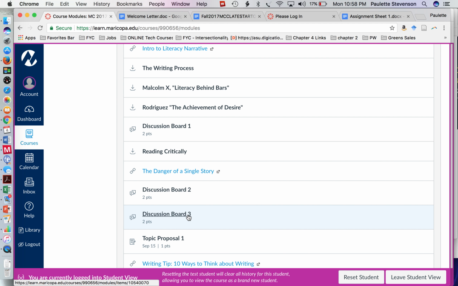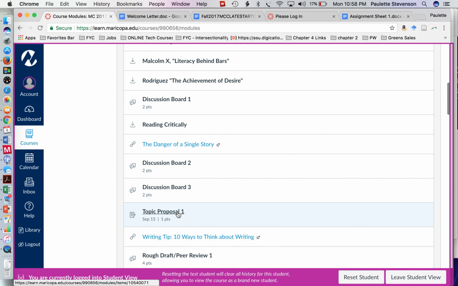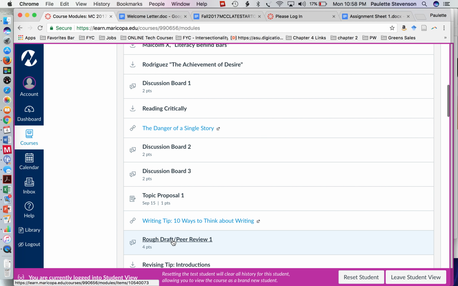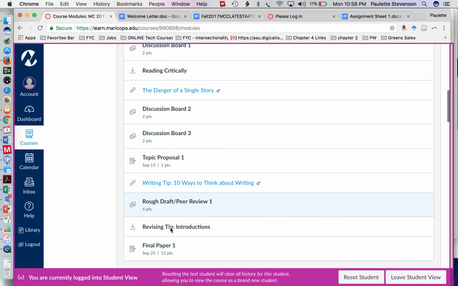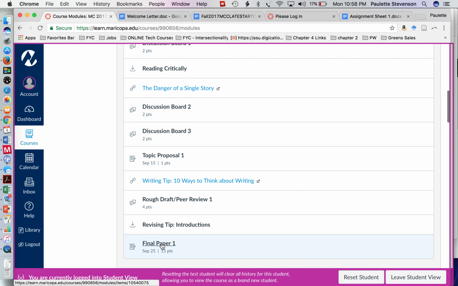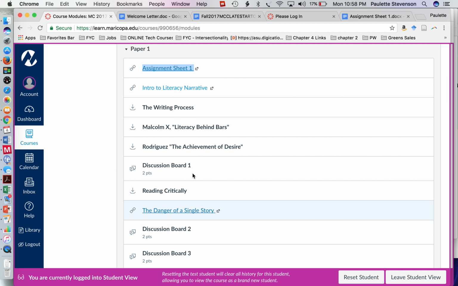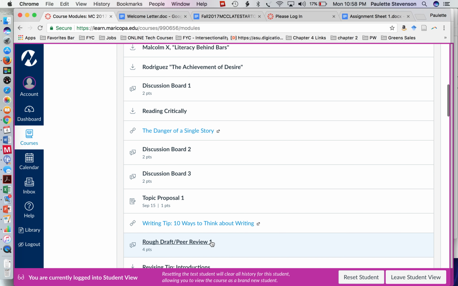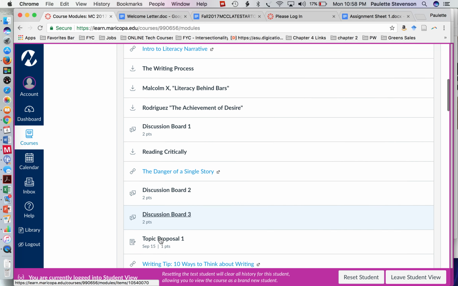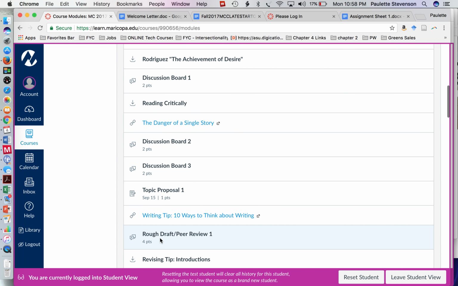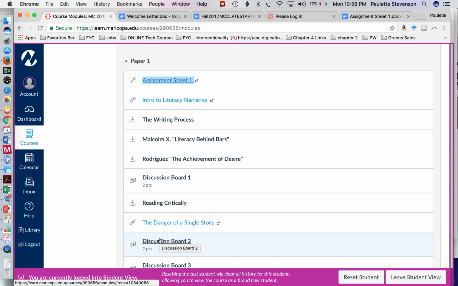Then there's a discussion board 3, a topic proposal, rough draft. This is a discussion board that you'll participate in. Revising tips, final paper. So this is a module. The syllabus is your map, but completing all of this helps you get to final paper 1, okay? And so that is how we are set up here.